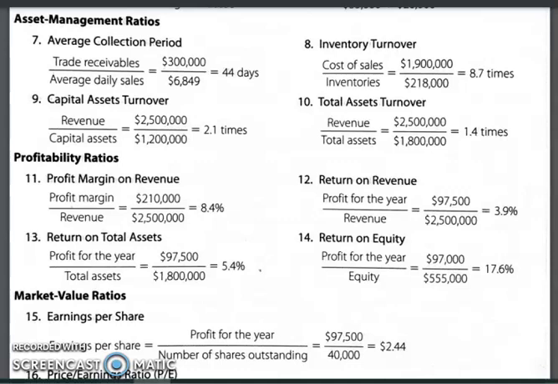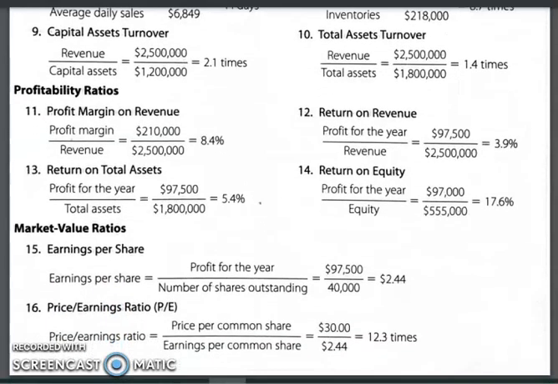And in Eastman Technologies' case, we are turning it over 2.1 times. And when we compare revenue to our total assets, it's 1.4 times. So of all of the assets that we have, which is 1.8 million, it's generating 1.4 times that amount in revenue, which is 2.5.